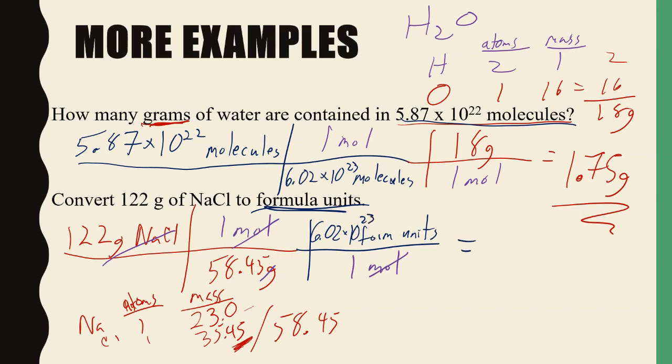So there you go. 122 times 6.02 times 10 to the 23rd divided by 58.45. 1.26 times 10 to the 24th. 1.26 times 10 to the 24th formula units. So this shouldn't knock you out.